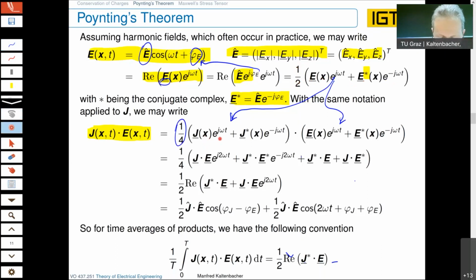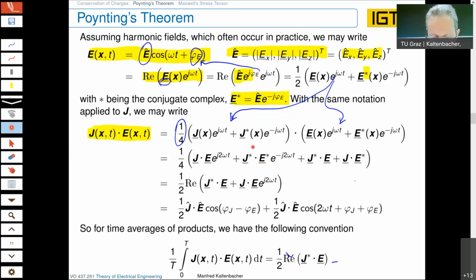the exponent j omega t times exponent j omega t, which gives us 2 times j omega t, or, as shown here, minus j omega t. In this case, it is the dot product between j and e, and here the complex conjugate of j dot product with the complex conjugate of e.